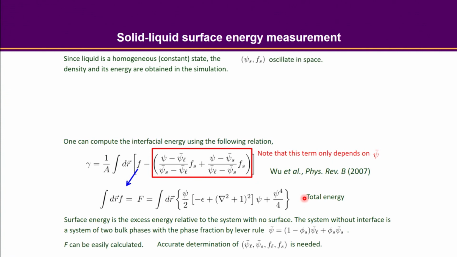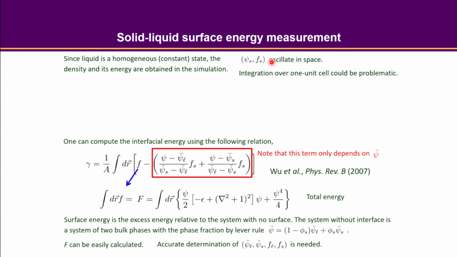But what's tricky is, we know on the solid side, everything is oscillating. So the density field is oscillating, and also the free energy is, okay? So we want to get the mean density. F should also be the average one, the average over one unit cell.